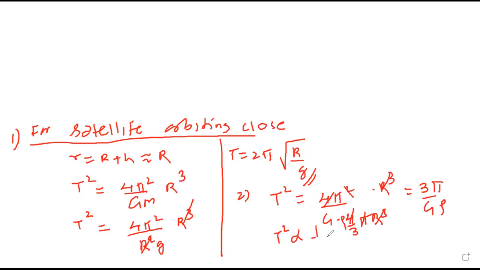So T square is proportional to 1 upon rho, or T is proportional to 1 upon root of rho. Copy these 2 points. Done, sir.